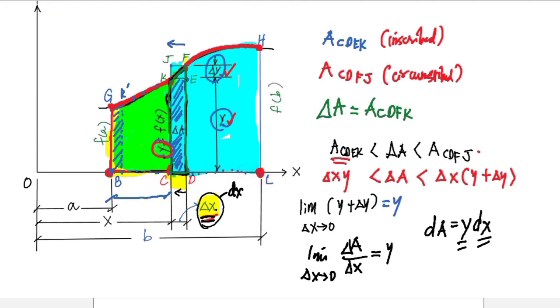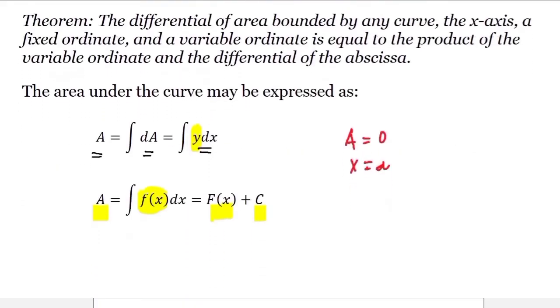So with this, area is equal to 0 if x is equal to a.